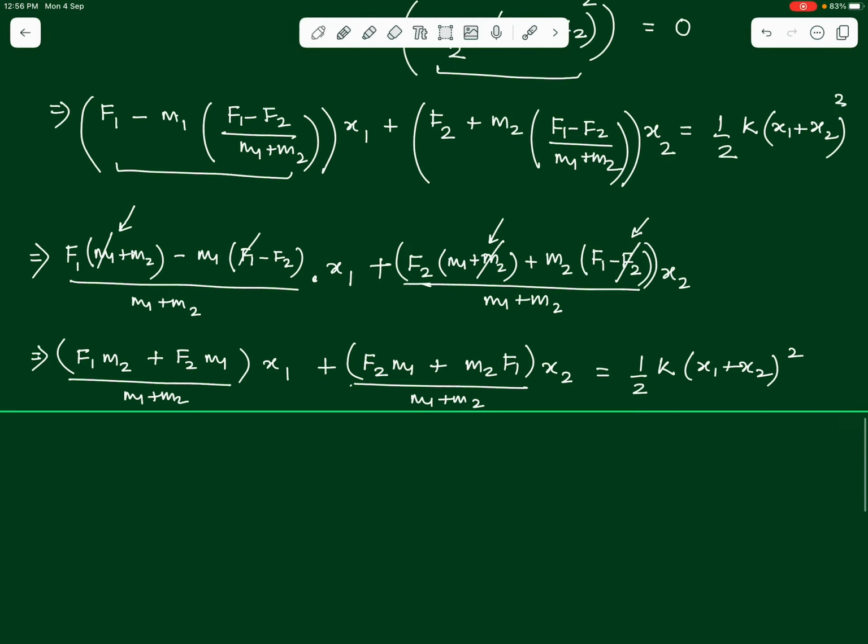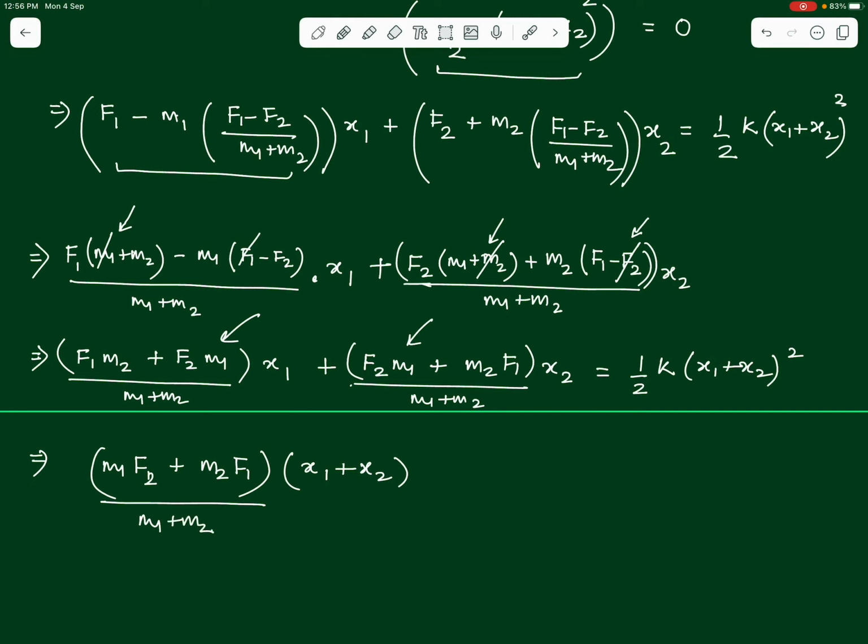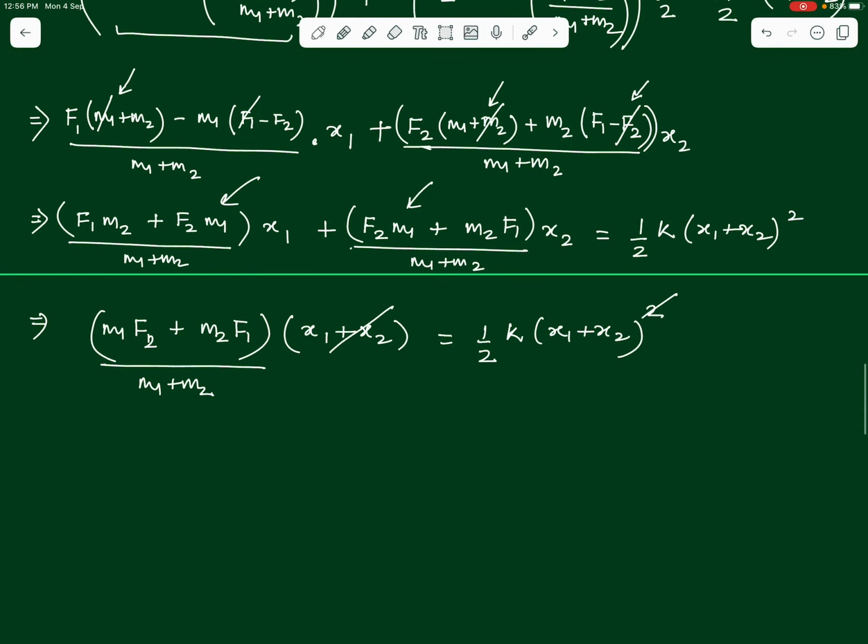Now, if you look carefully, these two terms are actually identical. So, we can take them common and write m1 F2 plus m2 F1 taken common, and inside we will be left with x1 plus x2 whole divided by m1 plus m2, and this is equal to half k x1 plus x2 whole squared, and one factor of x1 plus x2 will cancel out throughout.